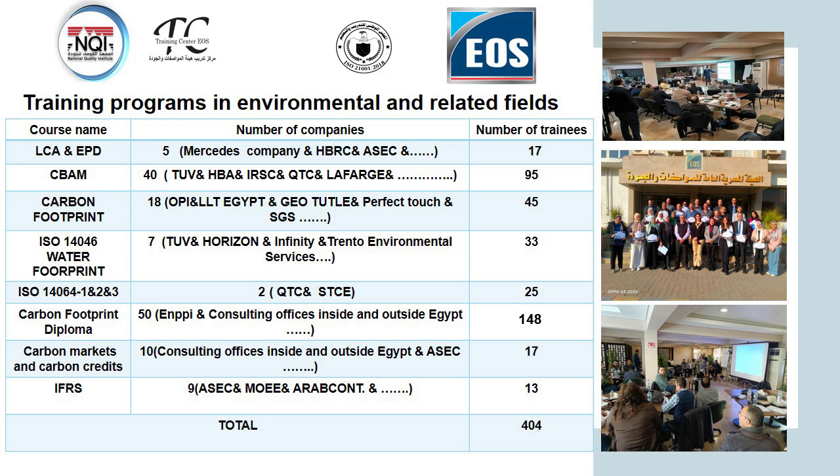And there is the number of companies which attended and passed the training course, and the number of trainees in the last column. The total number of trainees is 404.